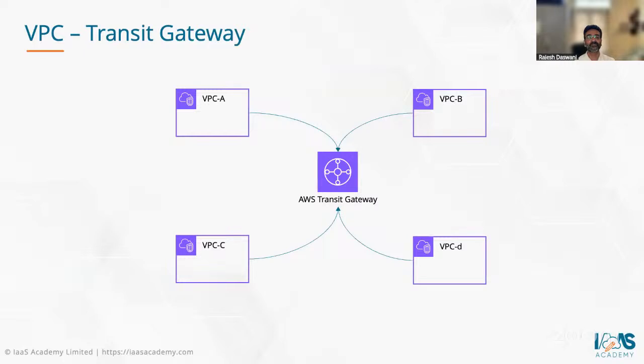And so you can do instead what's known as a transit gateway. A transit gateway allows you to connect multiple VPCs to each other using what's known as a hub and spoke model. So the transit gateway is the hub and the VPCs are the spokes. And if VPC A is connected to the transit gateway, then by definition, it can talk to resources in B, C, and D as well.